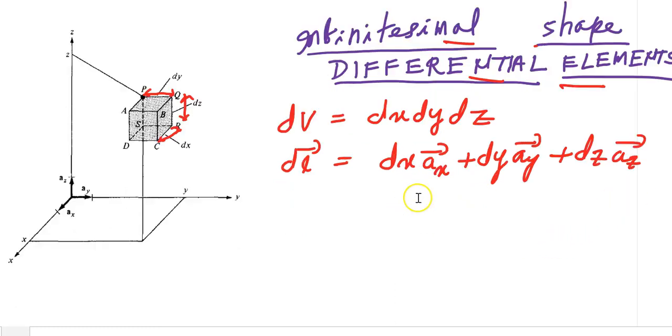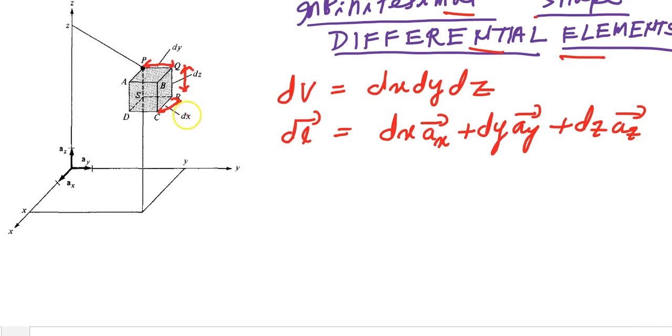Now the question is how to find the differential surface. In the case of Cartesian coordinate systems, you can have 6 surfaces. I have told you that in a closed surface, the unit vector normal to the surface is always perpendicular to the surface.